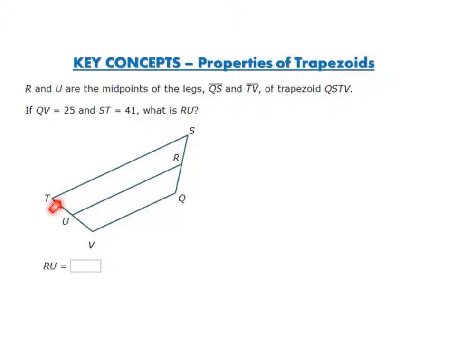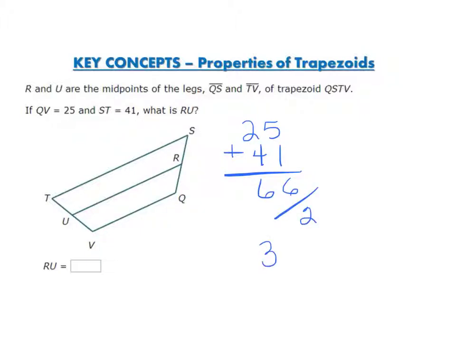Okay, well, we said that if you take the bases and add them together and divide them in half, you get the length of the midsegment. So the length of the midsegment RU is 33.